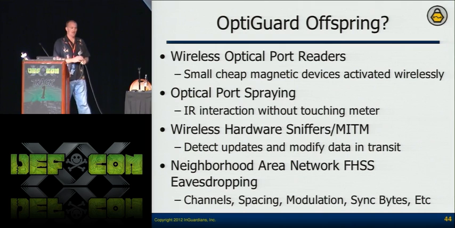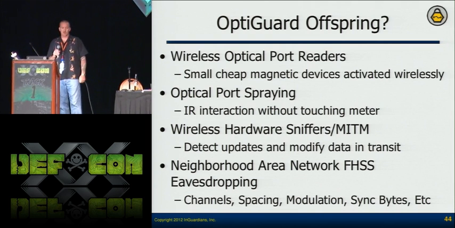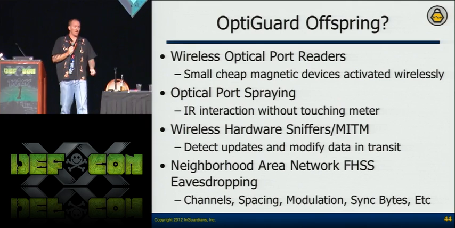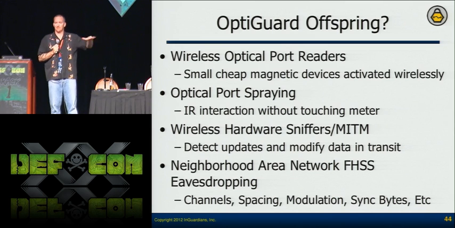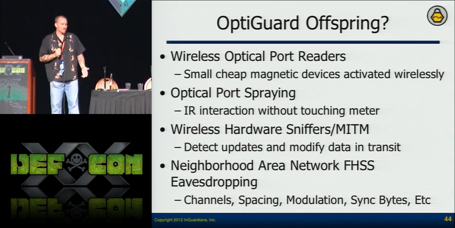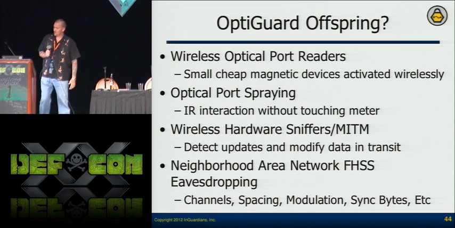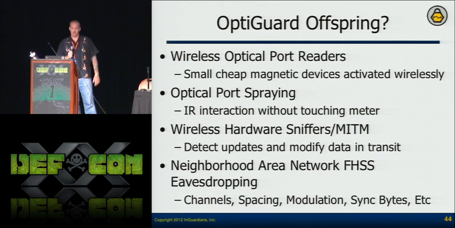I already thought about the wireless optical port readers. We talked about that with the Zigbee. Optical spraying. If I'm standing 10 feet away from a meter and shooting IR at it, because I know the timing now, if I do that and I never touch the meter, did I do anything to the meter? So, thinking about that, making people understand that.